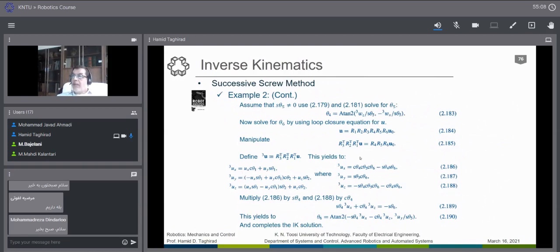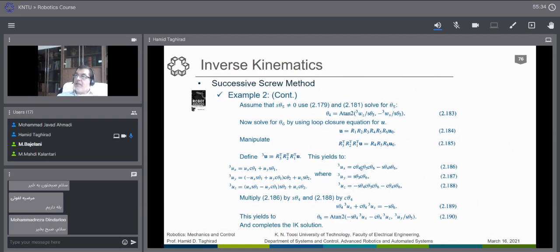We find this. Now we have 3 equations with 1 unknown, and we can simply use these 2 equations. We can use either this one and just simply use the cosine of theta, but we don't go with that. Since we have more equations, we can use arctan 2 here.